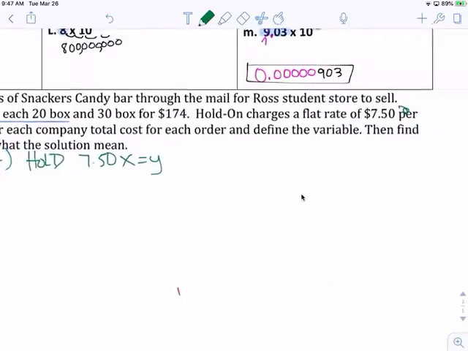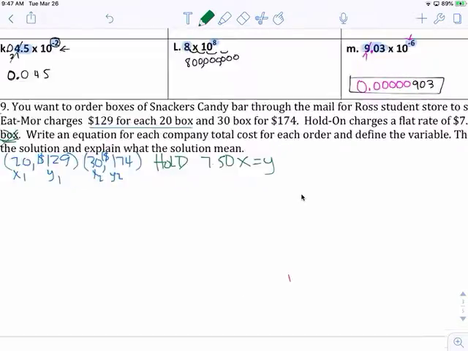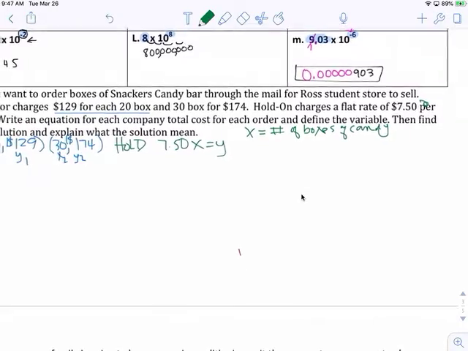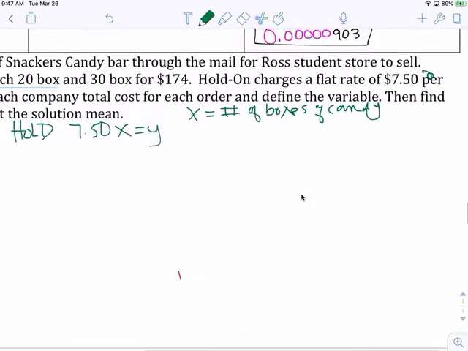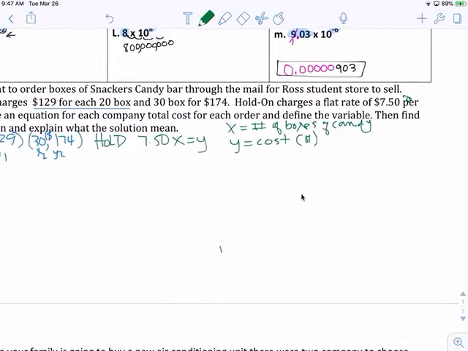Okay, X represents the number of boxes of candy, and Y represents the cost in dollars.